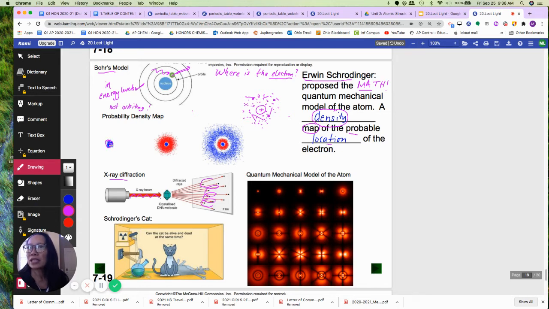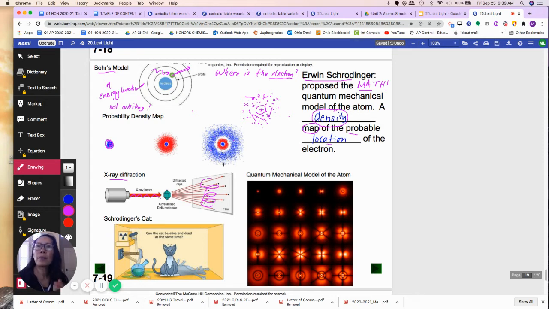If that one's filled up, actually you can fit two electrons in that area in space, or volume in space. If that's filled up, with two electrons there, then you have to put the next one into the next energy level, somewhere in there. If that's filled up, then you can fill up the third energy level, somewhere in there. So that's how we know approximately where the electrons are.